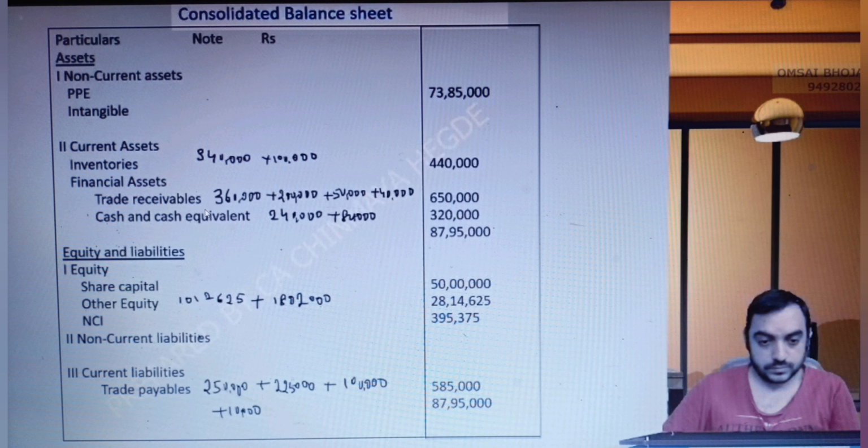So which will be 10,12,625 plus 18,02,000. How much is it coming to? 28,14,625.